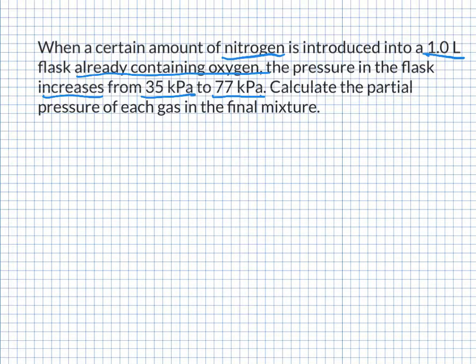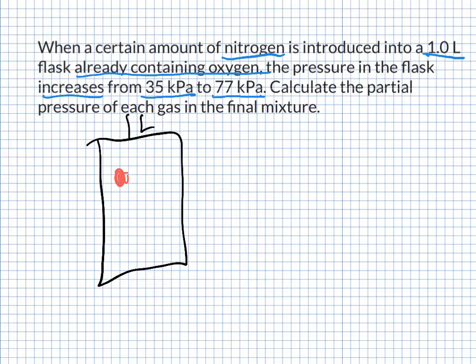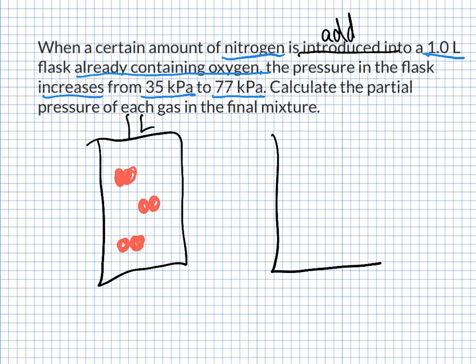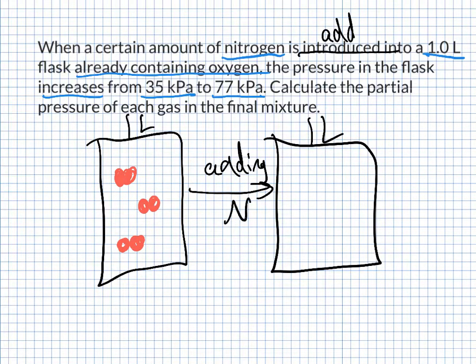Okay, so it can actually be helpful to have a diagram. Here I've got a flask, it's 1 liter. And that flask is already containing oxygen. Oxygen is diatomic, so I've got little oxygens. And I'm going to add, introduce means to add, nitrogen.